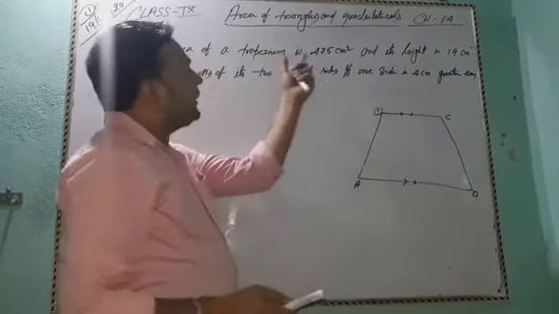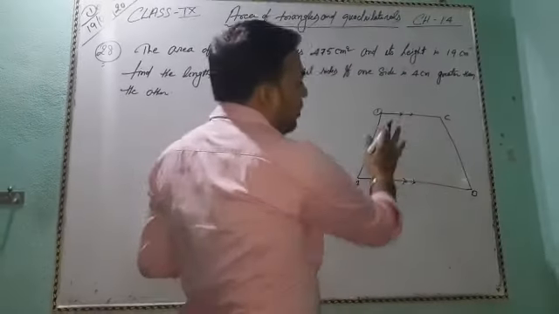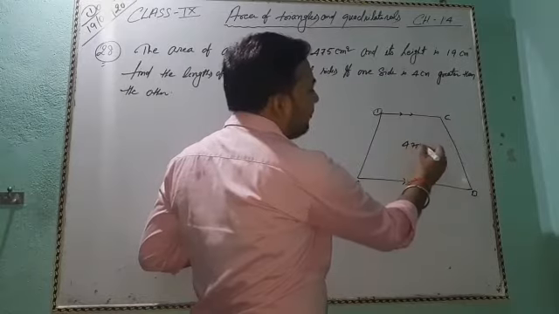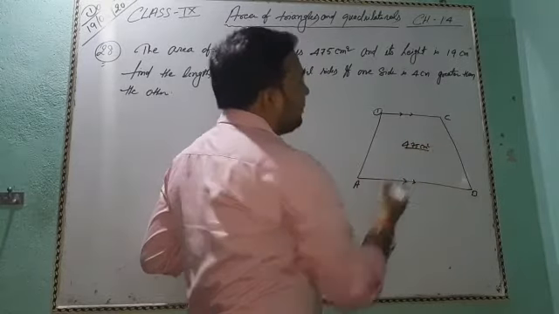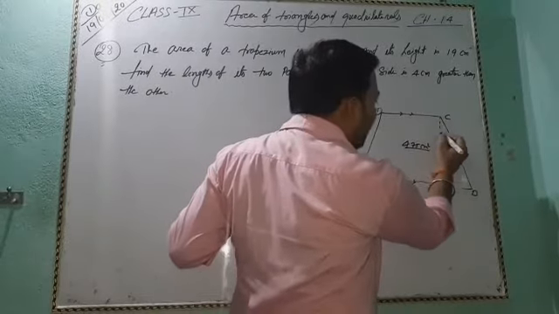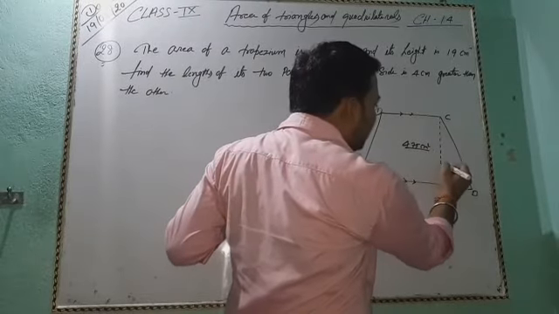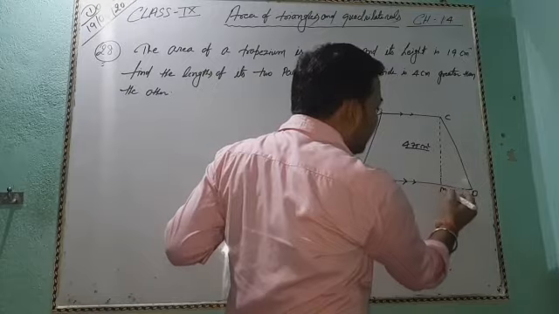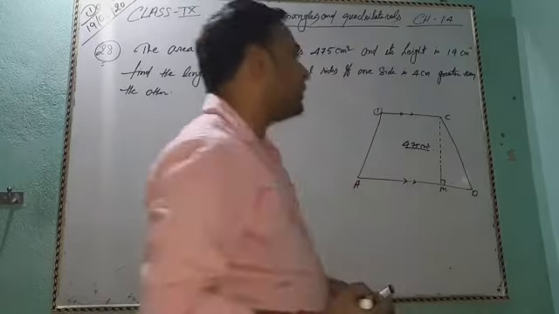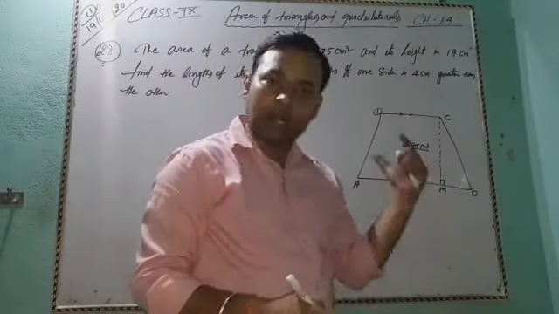The area of the trapezium is 475 square centimeter, and the height is 19 centimeter. For the height, let CM be the perpendicular to AB. Then CM is the height of this trapezium.